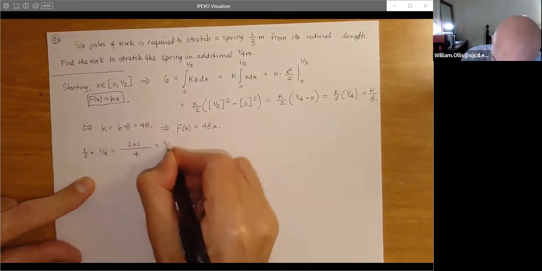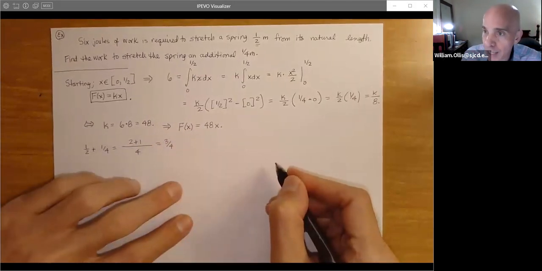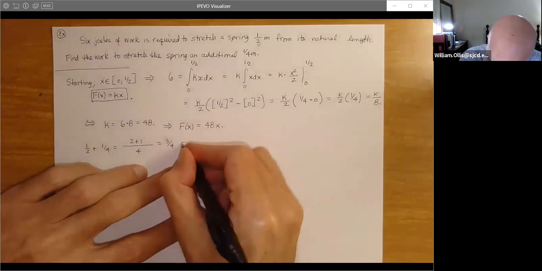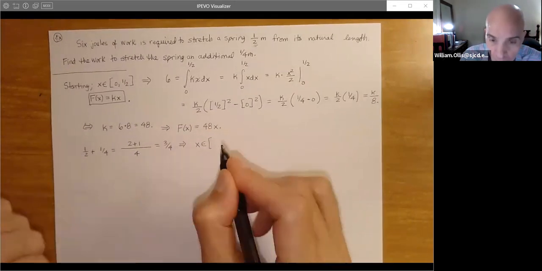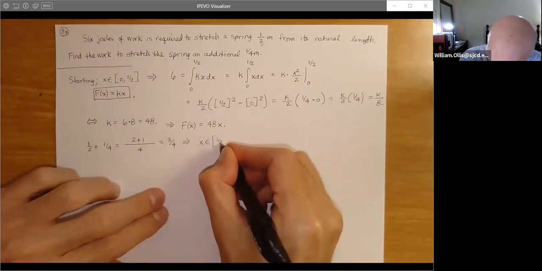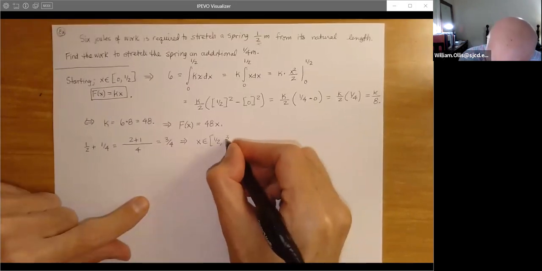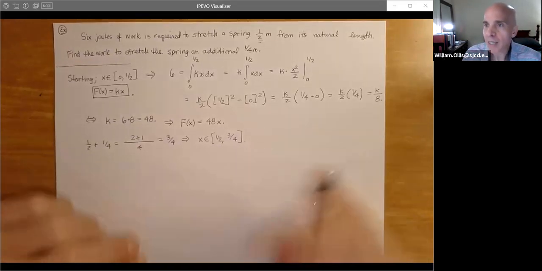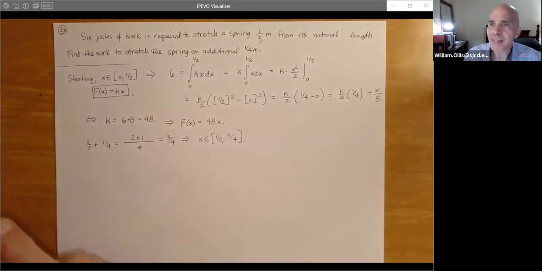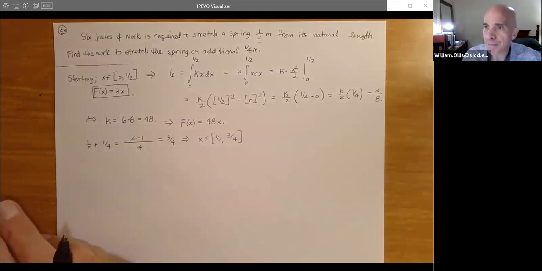So the right-hand endpoint in this case will be 3/4. So this implies x lives, in this case, between 1/2 and 3/4. So this would be our new interval of integration. Now, again, this problem is not overly difficult, but it's a little bit busy in the components. But again, very straightforward calculations.